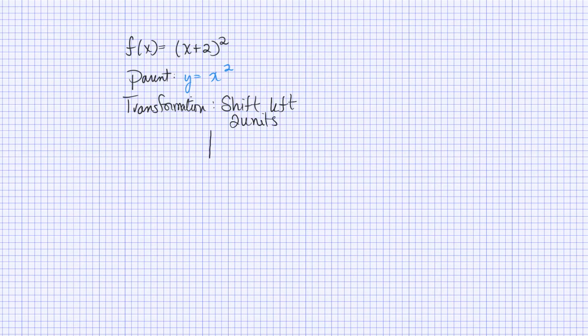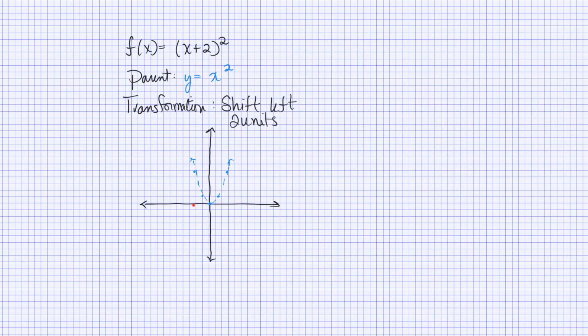So I'm going to go ahead and sketch my graph. So my parent function, if I need it, 0, 0, 1, 1, 2, 4, negative 1, 1, 2, 4. I'm going to take each and every one of these points and shift them left 2 units.